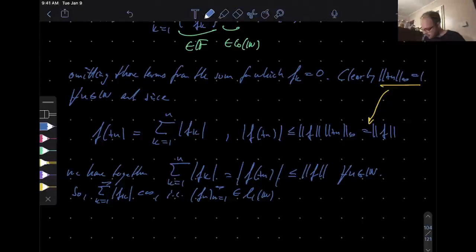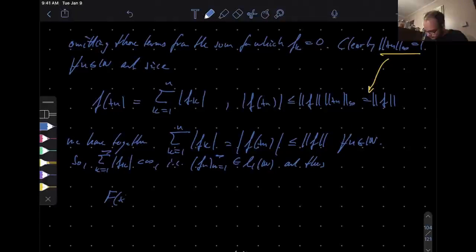And thus f of x, which we look at as the sum from k=1 to infinity of x_k f_k.